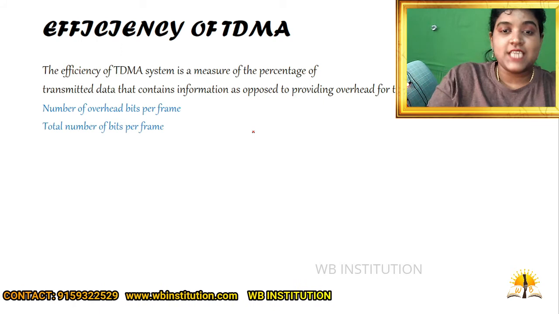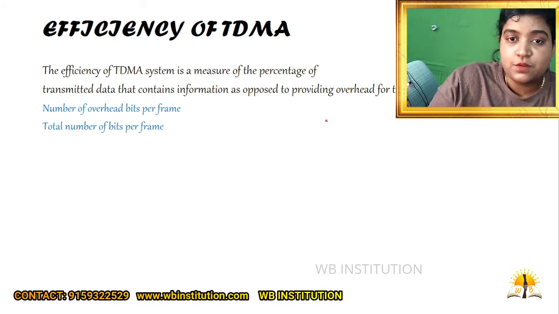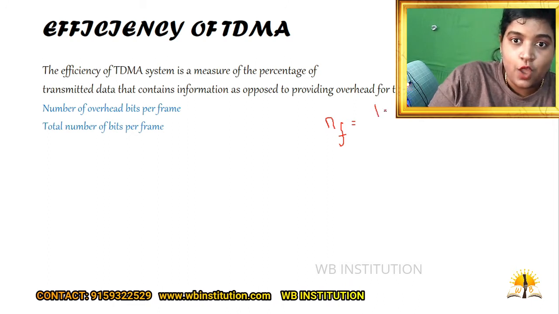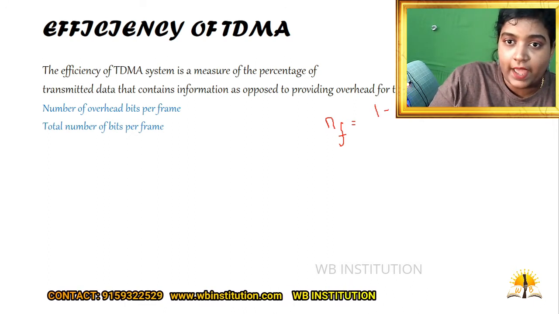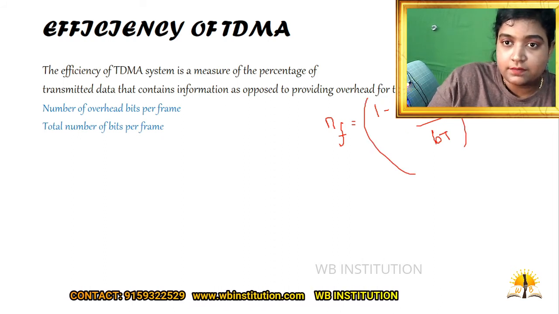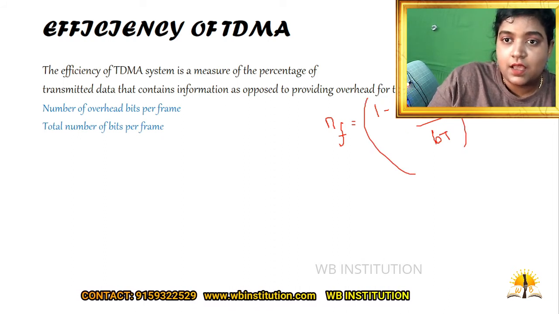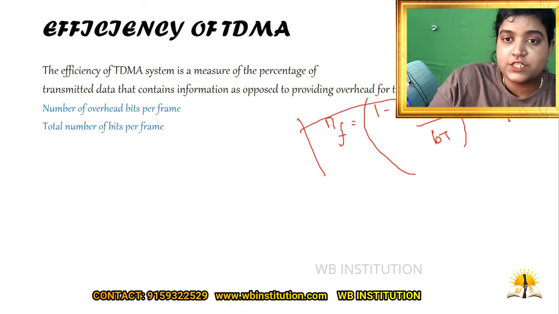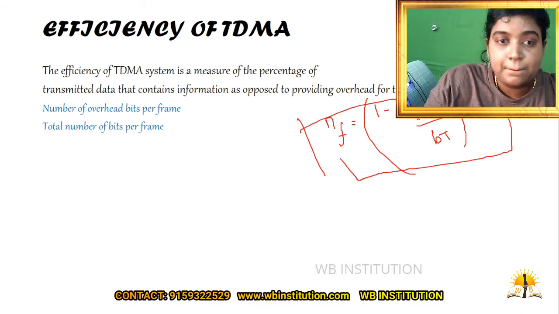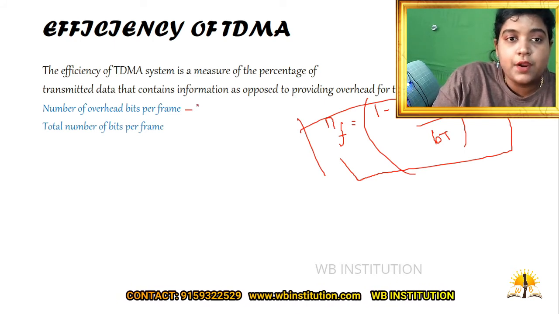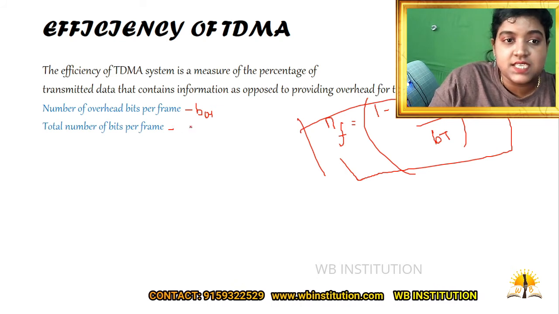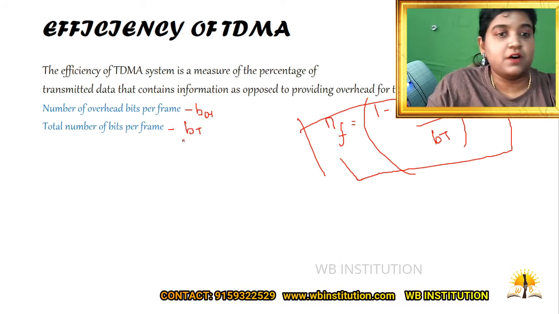The efficiency in time division multiple access is calculated by eta f equals (1 minus BOH divided by BT) times 100. This is the formula to calculate your efficiency, where BOH is the number of overhead bits per frame, and BT is the total number of bits per frame.